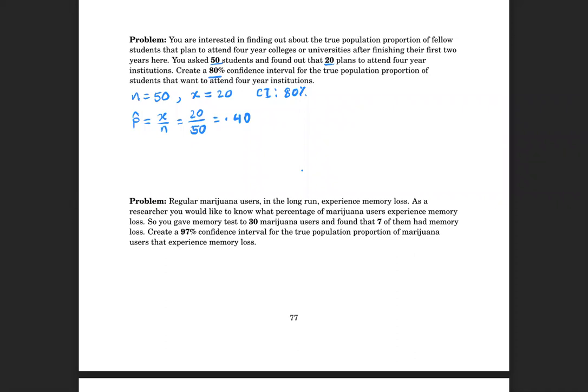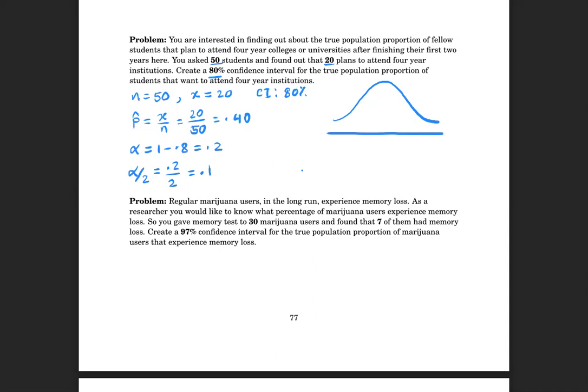Now, what is your significance level? Alpha, which is 1 minus the confidence level, right? So 1 minus 0.8, which is 0.2. So your alpha over 2 is going to be 0.2 divided by 2, which is 0.1. All right. Now you're going to draw the bell-shaped curve.